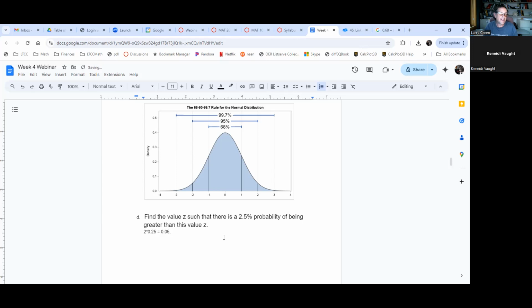So the inside has a 1 minus 5%. And 1 minus 0.05 is 0.95. Any questions on that idea?